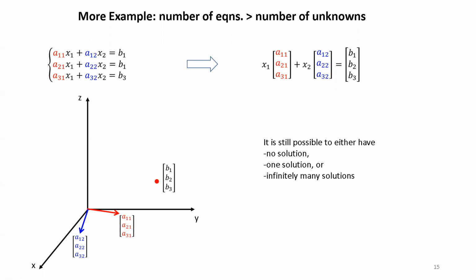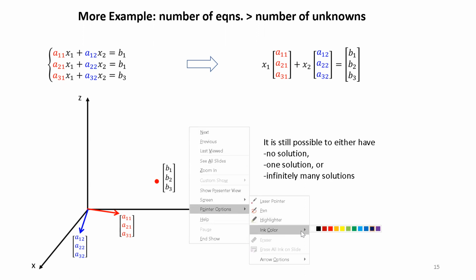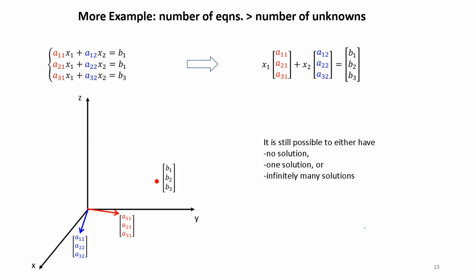So how do we have one solution? If you want to have one solution, imagine that there's a plane. I might not be able to draw it very well, but imagine that there's a plane like this, and this B point is lying on this plane.